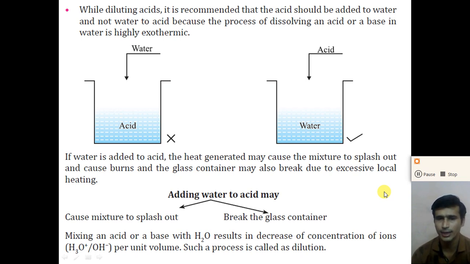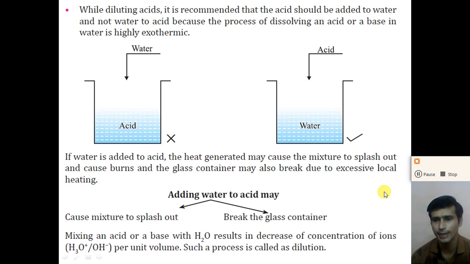And when the acid and base are mixed with the water, right, it decreases the concentration of the H3O plus ion in the acid and the OH minus ion in the base, and such a process is called dilution, and by this we can form a dilute acid or a dilute base. So dear student, what do you mean by a dilute acid?